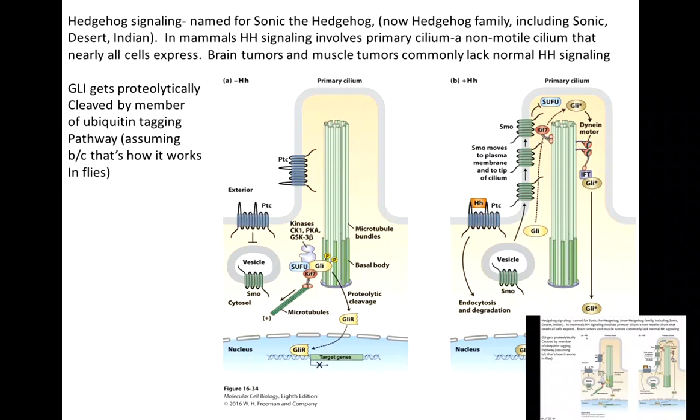So if there's no hedgehog signaling, hedgehog binds to its receptor called patched, PTC. And patched, with no hedgehog bound to it, inhibits the fusion of a membrane-bound protein called smoothened from a post-Golgi vesicle ready to fuse with the membrane.